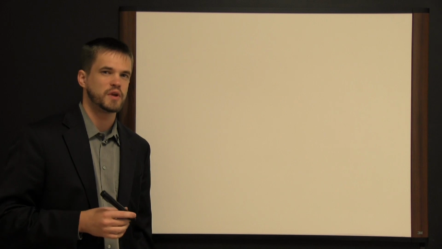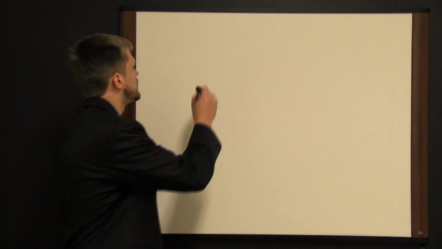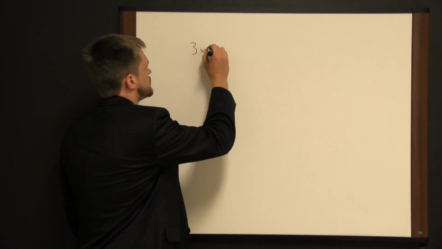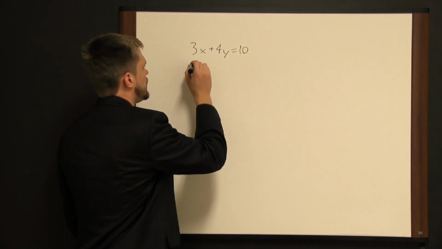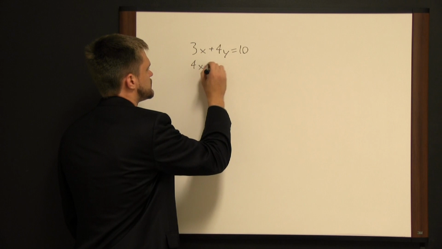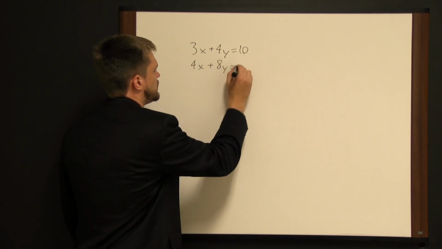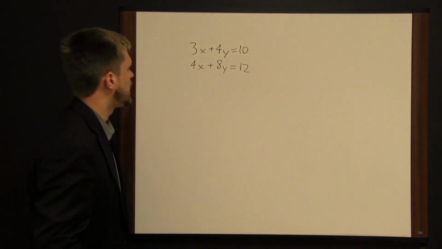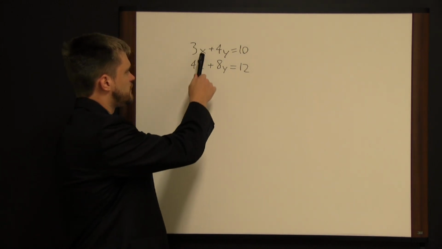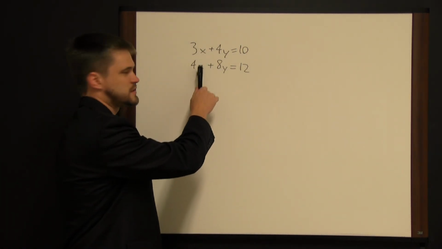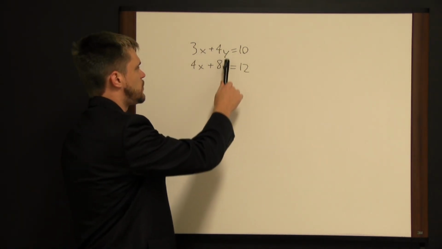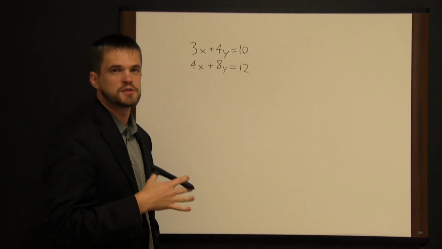So, for instance, if we have the system of equations 3x plus 4y equals 10 and 4x plus 8y equals 12, we have x and y in both of these equations, and this x and this x are the same, and this y and this y are the same.